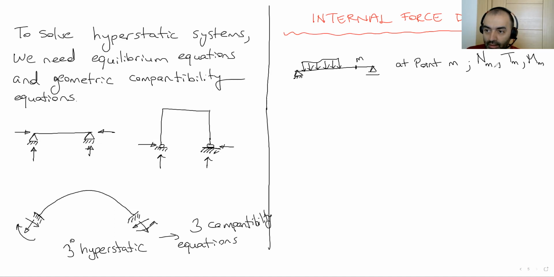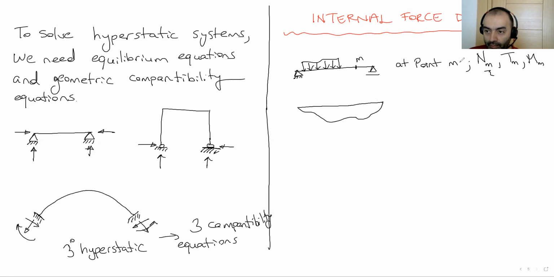This M shows us the point. But if I calculate the internal forces at each point of this beam, I get the internal force diagram. For example, let's say the internal force diagram is like this. I don't know.